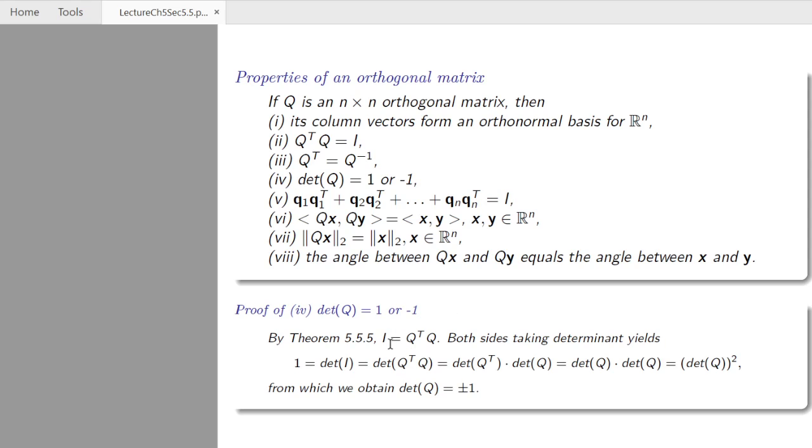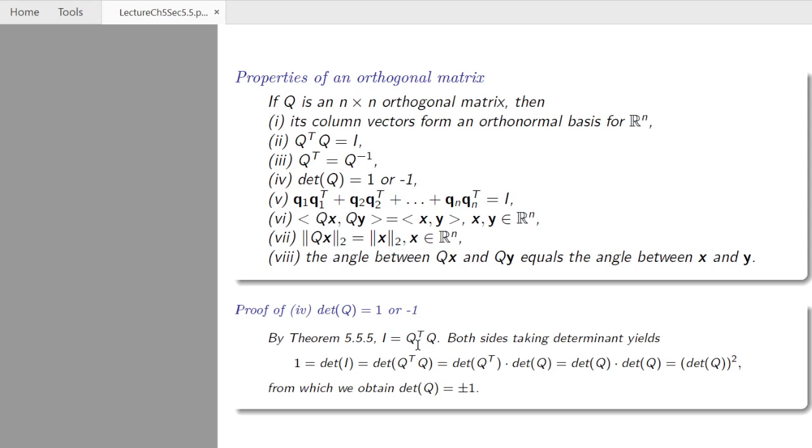First of all, because Q is orthogonal, by theorem 5.5, we know the transpose of Q times Q equals I. But here we write it down in a reverse way: I equals Q transpose times Q. The reason is that we just want to make the following procedure look easier.